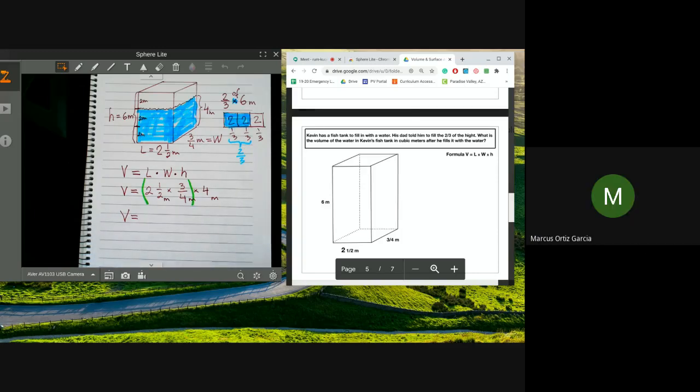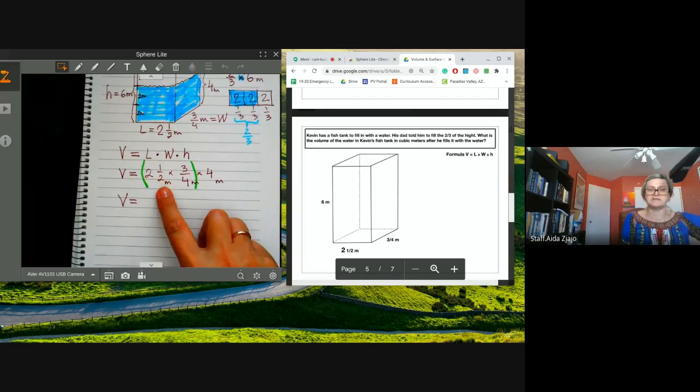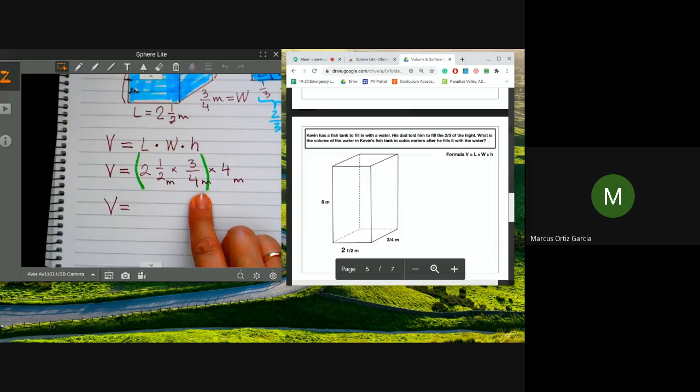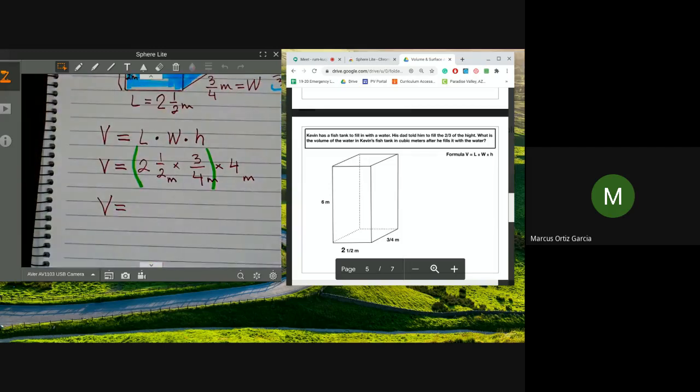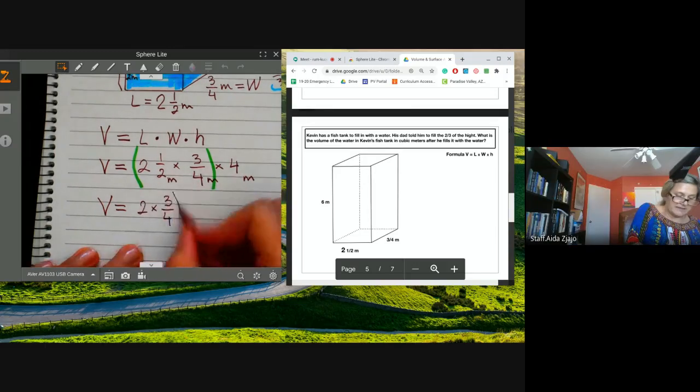How would you multiply 2.5 times 3/4? You would multiply the whole, or you would multiply 2 by 3/4. Okay, 2 times 3/4, and then plus what?